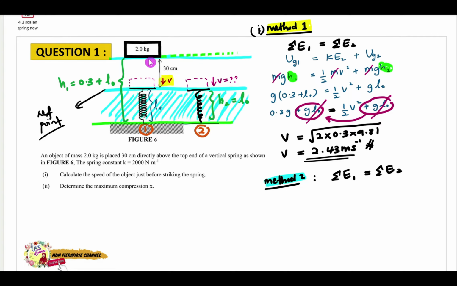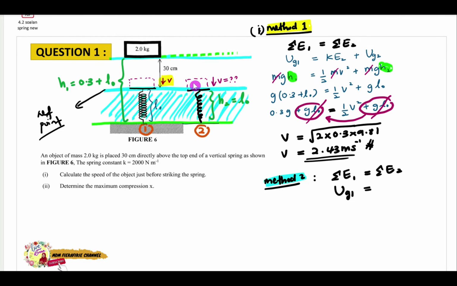So its height is only this 30 cm. We take this line as our reference point, our ground. So it only has this height. So I will write UG1. So equal to, okay, and at this point it has no height. The height is 0 since this is our reference point. So this is our ground.